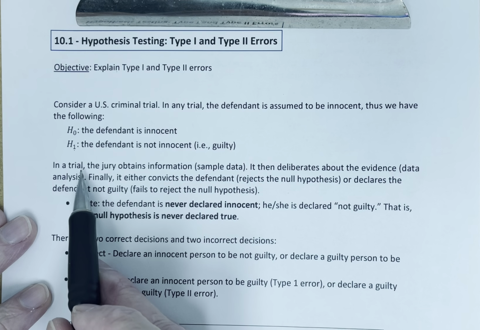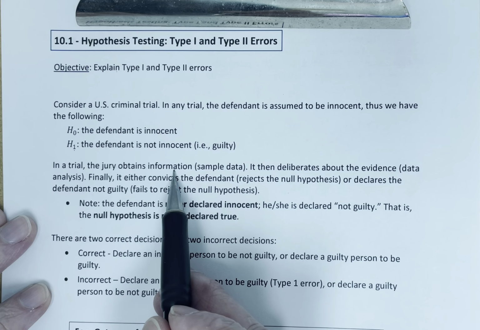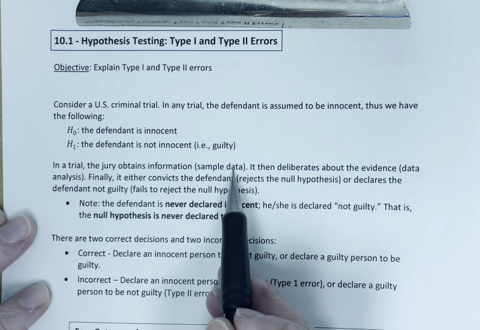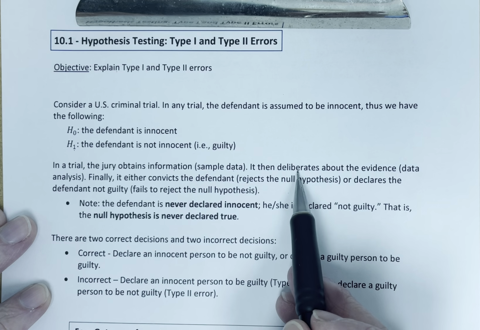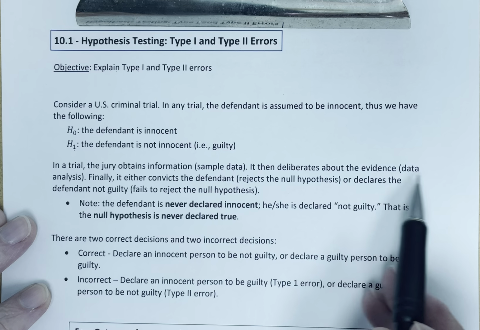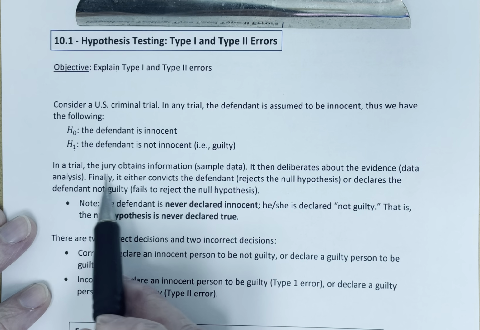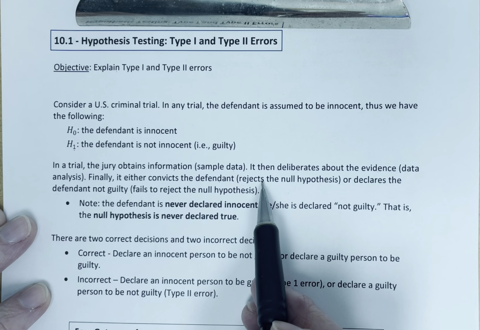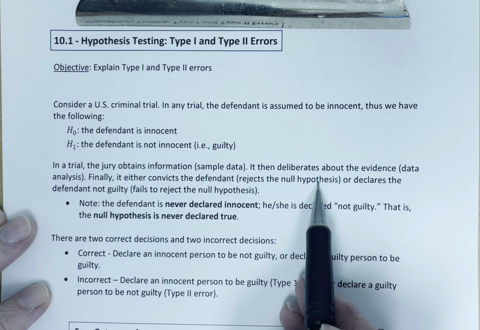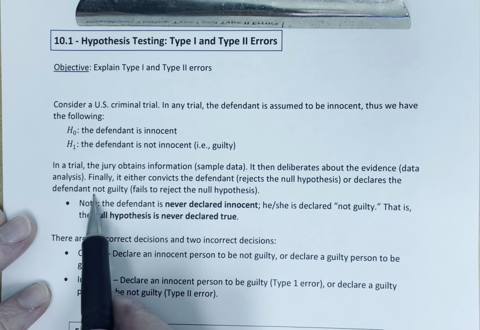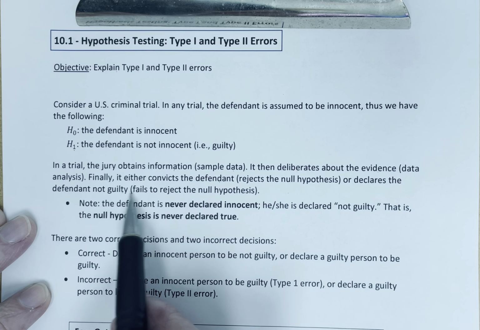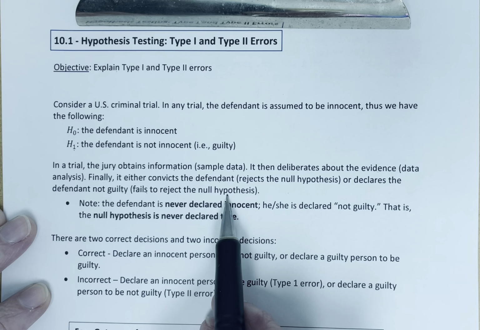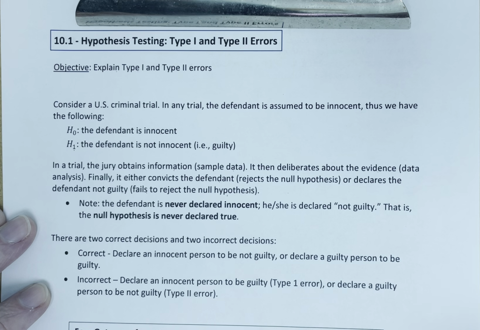Okay? In a trial, the jury obtains information, which is sample data. It then deliberates about the evidence, which is data analysis. Finally, it either convicts the defendant, in other words, it rejects the null hypothesis, or it declares the defendant not guilty, failing to reject the null hypothesis.